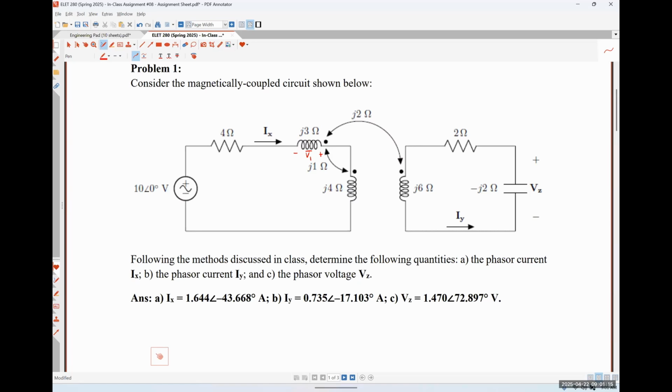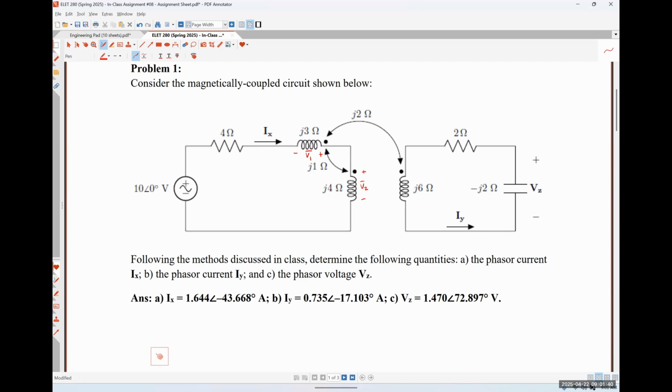Let's see. Tucker, do you want the positive polarity on top or on bottom for the J4 ohm coil? There's no wrong answer, just arbitrarily pick one. Top, okay? So I'm going to call this voltage V2.